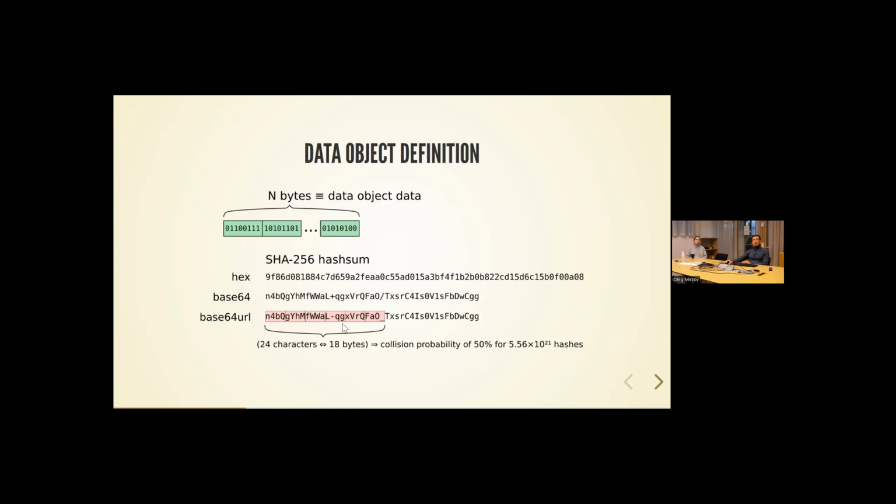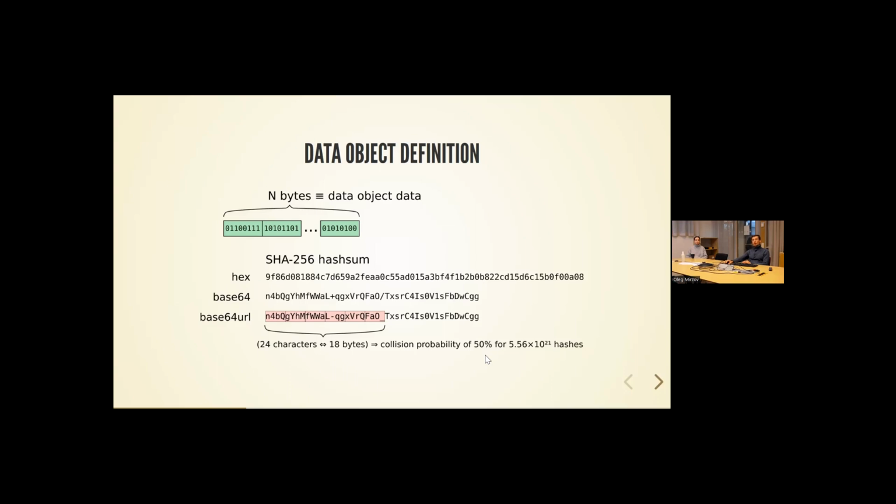Then we say that this is a bit too long and we don't need so much. So we take only the first 24 characters of this, which is equivalent to 18 bytes. And we call this our ID. This is what we use as an ID for this sequence of bytes in the data object. Just so that we can all sleep well during the night, I did the math.